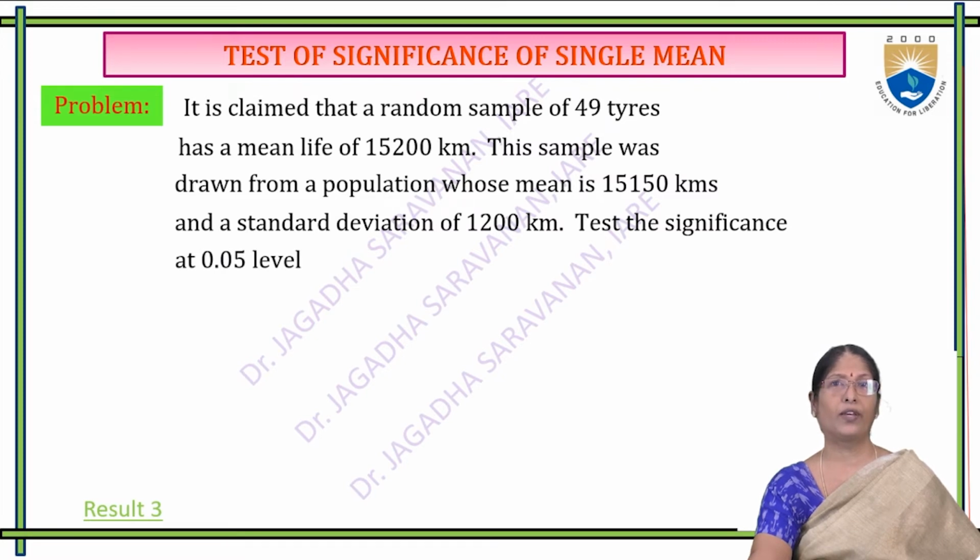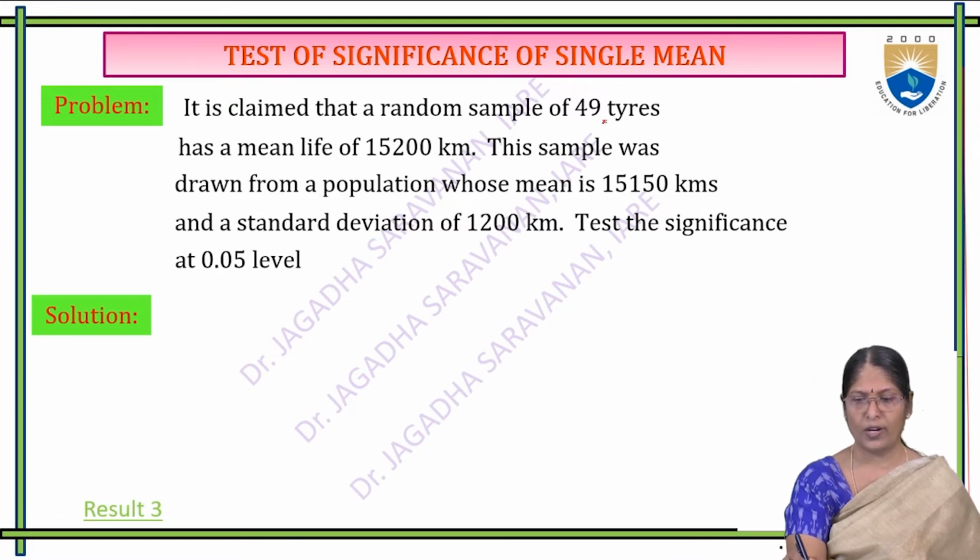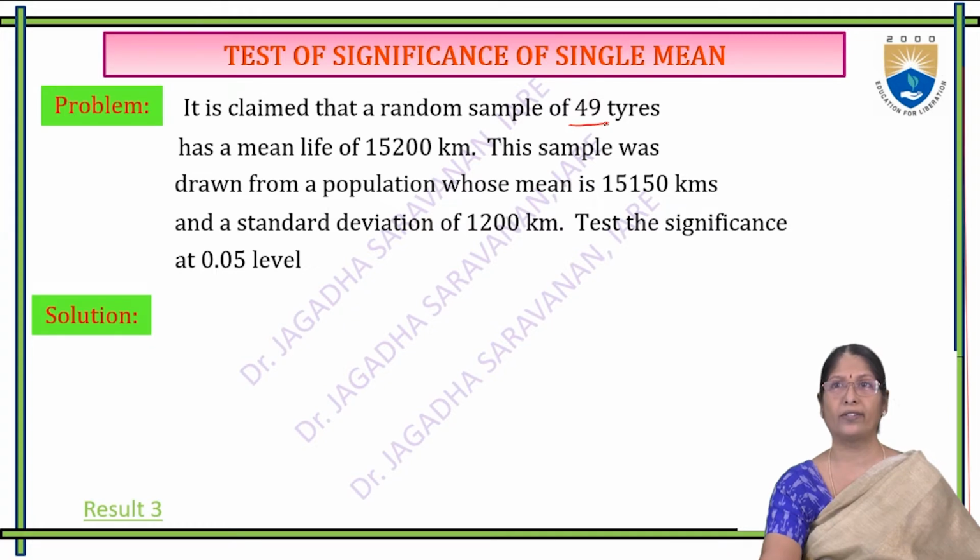Test the significance at 0.05 level. We are very familiar with the formula x bar minus mu by sigma by root n. We will pick the data to replace the symbols with real numbers. Here we are selecting 49 samples.